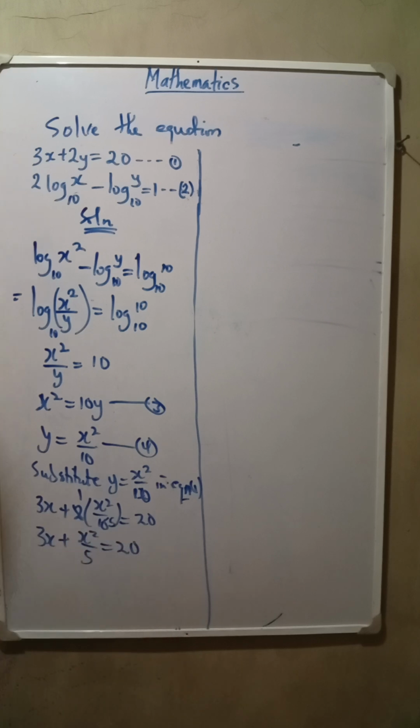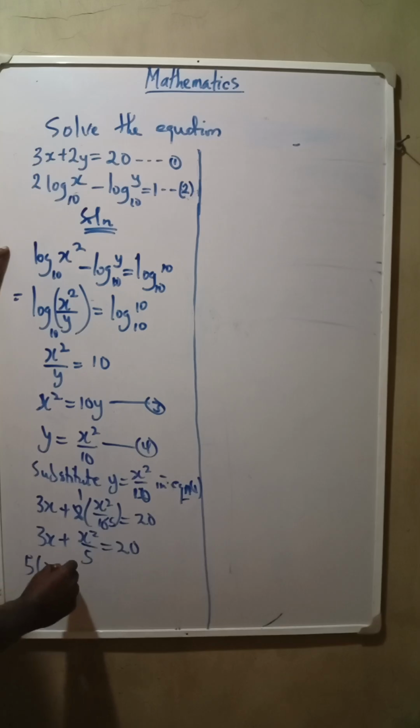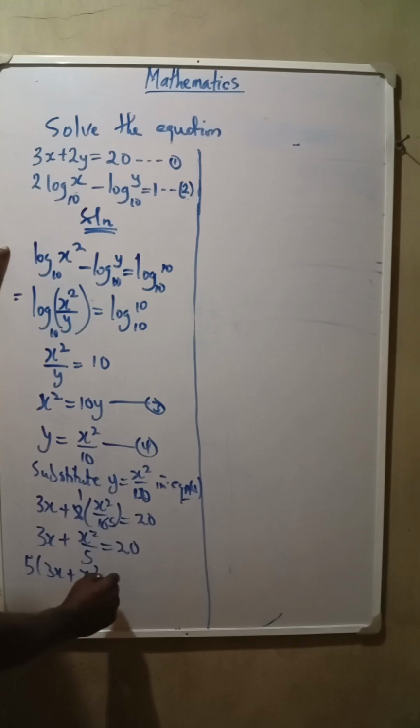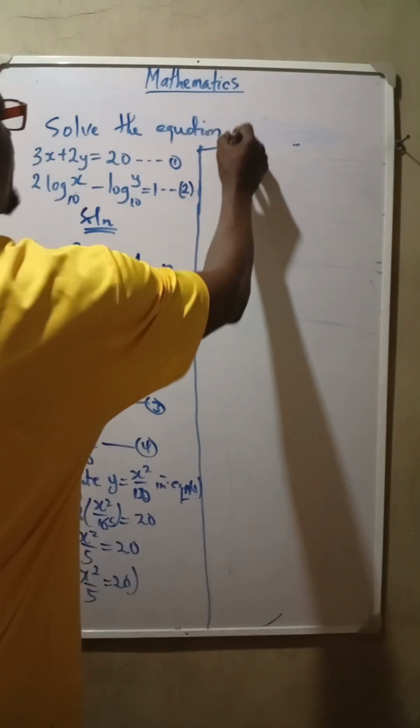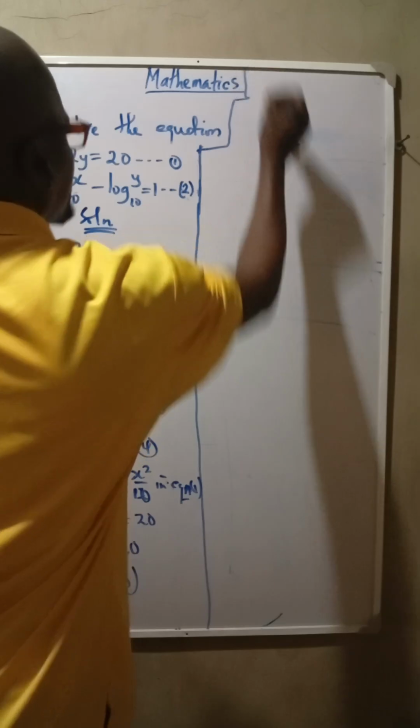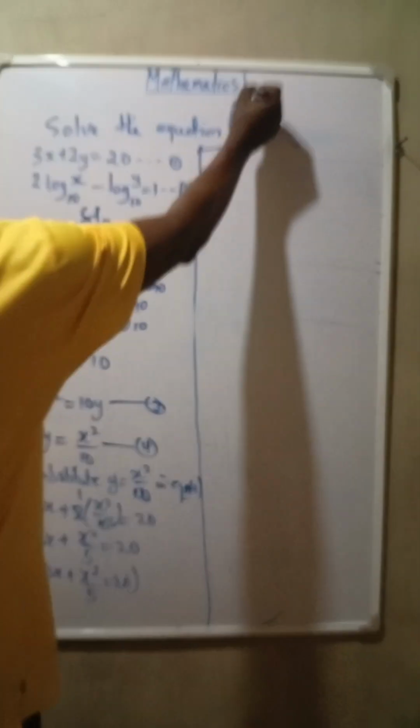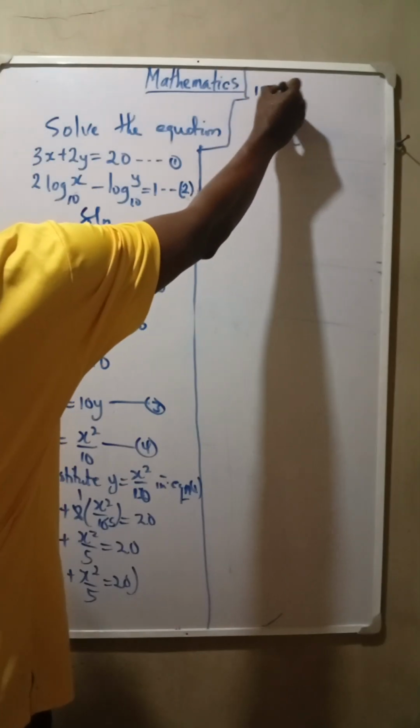So this one is having a fraction. I can multiply through by 5. 3x plus x square over 5 equal to 20. So multiply through by 5. 5 times 3x will be 15x.